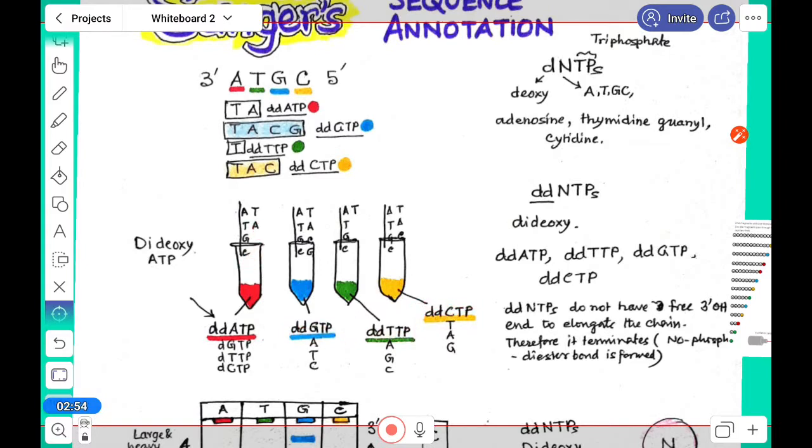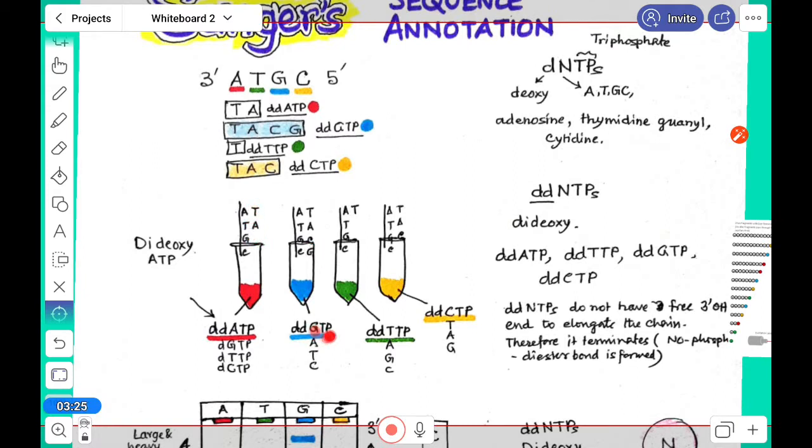After that, this strand which is unknown now, what sequence it is is not known. Here in the polymerization process, the synthesis of the DNA is given. But when adenine is added, you know that dideoxy is there, so the process terminates at adenine, and so the chain is T and A.